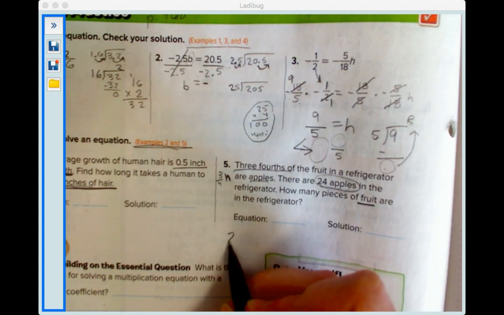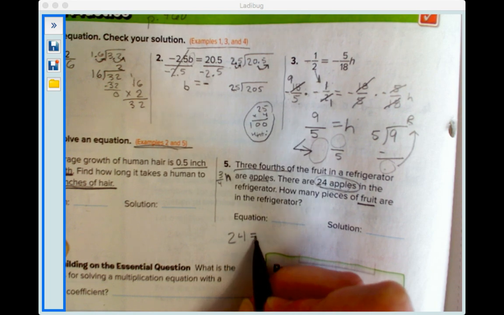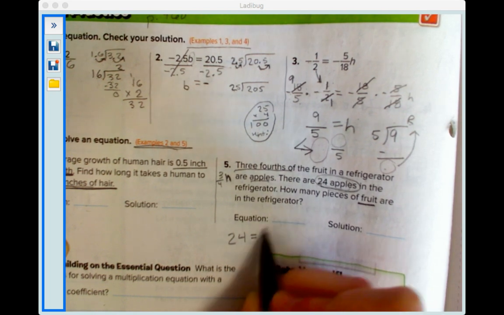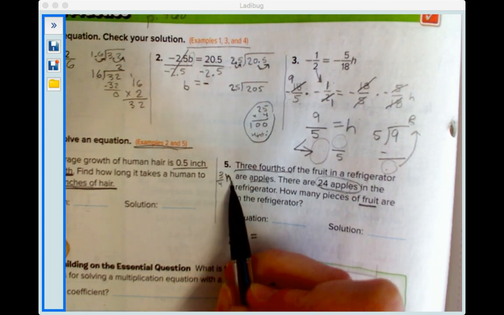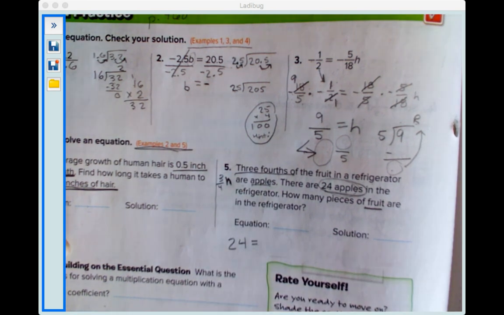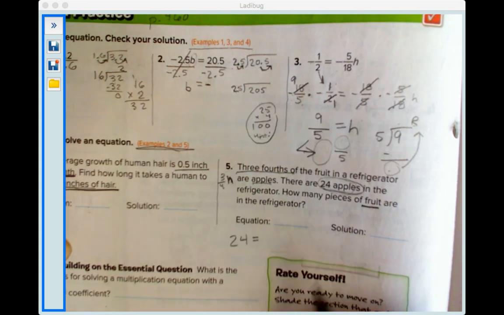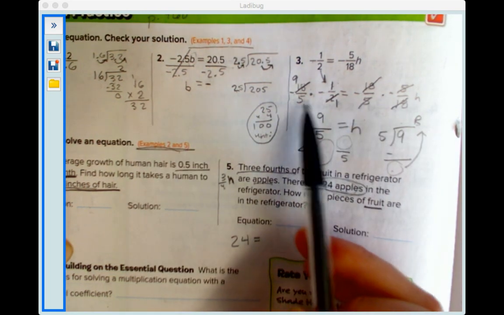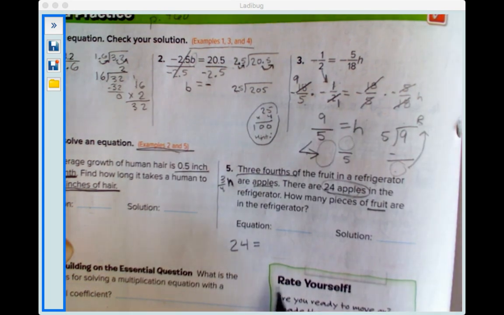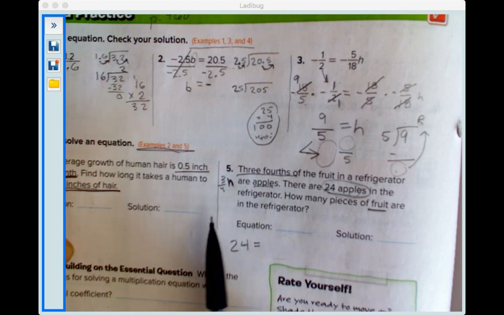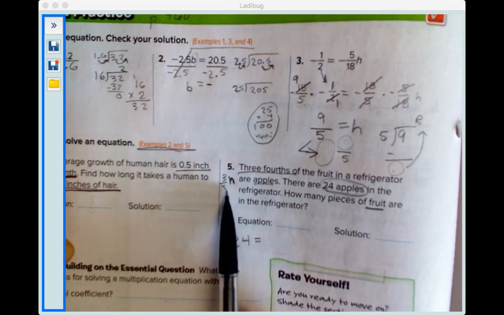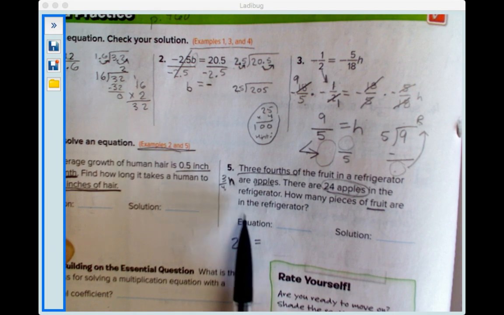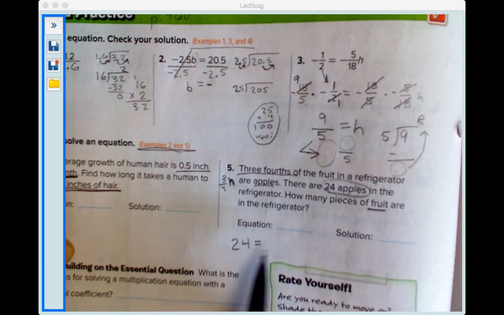So you want 24 equals 3/4 n. And since it's a fraction, remember you need to flip and multiply down here. Remember to flip 3/4 and multiply to both sides.